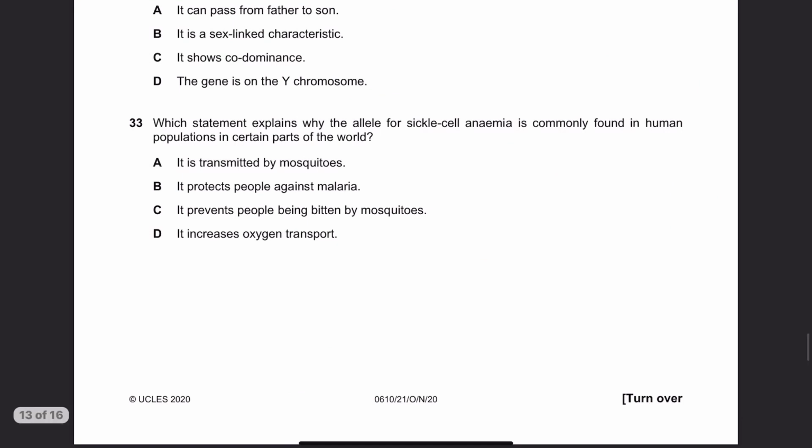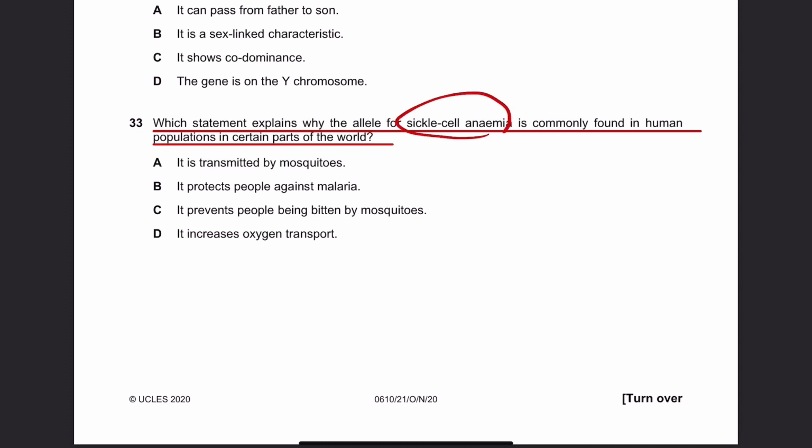Number 33. Which statement explains why the allele for sickle cell anemia is commonly found in human populations in certain parts of the world? So sickle cell anemia is a strange genetic disorder. It's caused by the HbS allele.